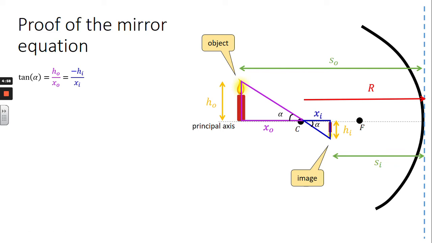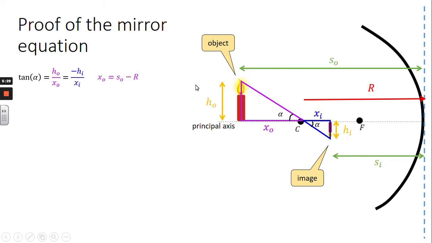We're going to start with the tangent of alpha because that is our way to relate the purple triangle with the object to the blue triangle with the image. And so we see the tangent of alpha from the purple triangle is the object height over that distance x subscript o. And we see that in our blue triangle, the tangent of alpha is negative h sub i over x sub i. So we've got that negative height there.